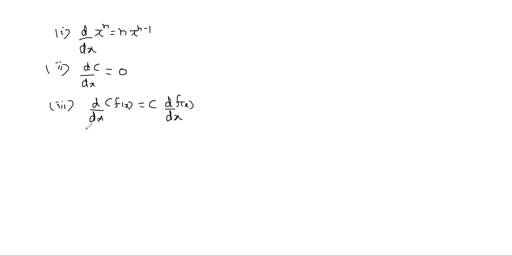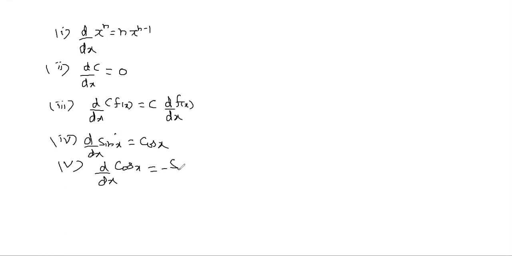Then we have seen d by dx of sin x is equal to cos x. We have proved this also. Then d by dx of cos x is equal to minus sin x.